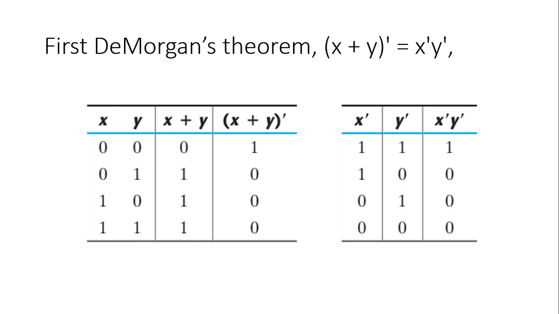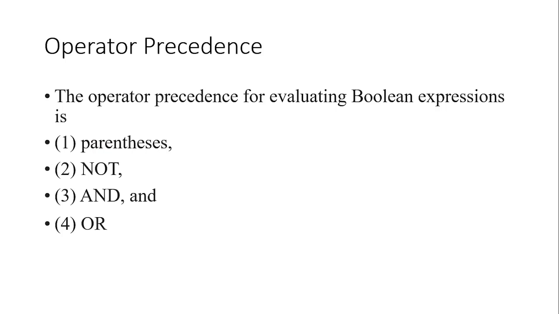Now, whenever we try to solve a Boolean algebra problem, we know that in mathematics we have BODMAS. So we need to apply the operators according to their precedence. Precedence is a priority. If you get not, and, and or together in an equation, which part has to be solved first?